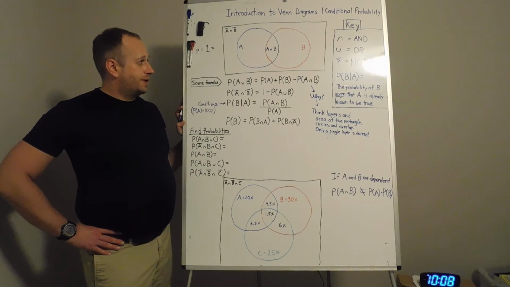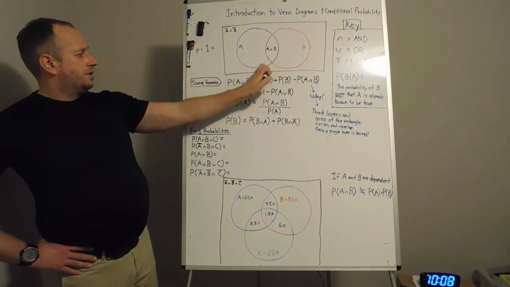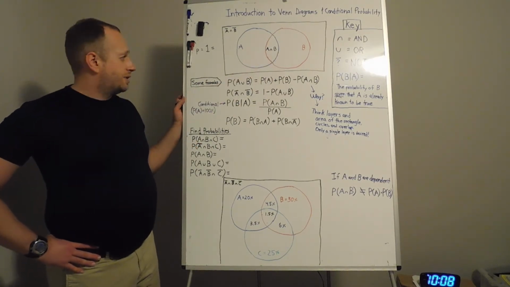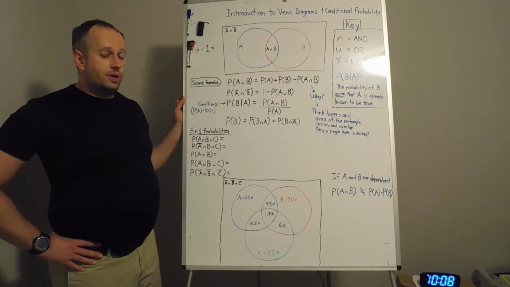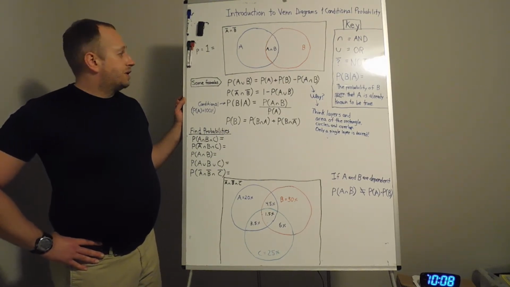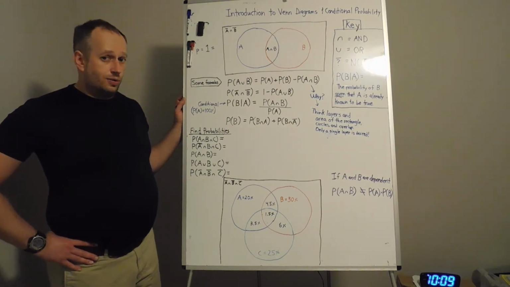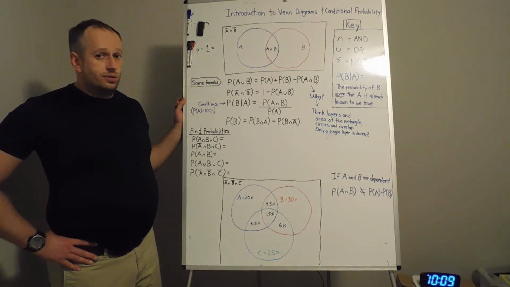Well, there is a way to figure it out. If you notice, these circles aren't just independent circles. They're not just by themselves. They actually overlap, right? And when they overlap, you have some area that's covered up by the other area.